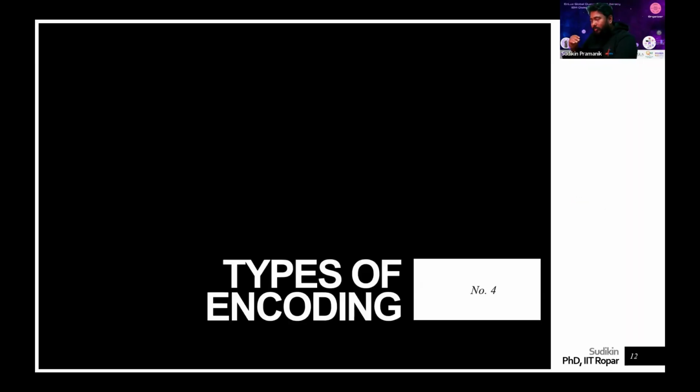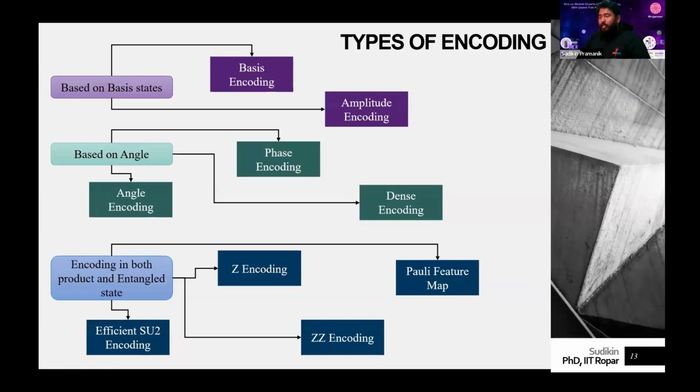So now, as we have understood what normalization is and why we need normalization, we will get into the types of encoding. Encoding can be broadly classified into 3 categories. One category is based on the basis states, another on the basis of angle, another on the basis of both product and entangled states. We'll slowly cover one by one and be very careful, because if you don't understand encoding, you won't be able to go further in any quantum algorithms.